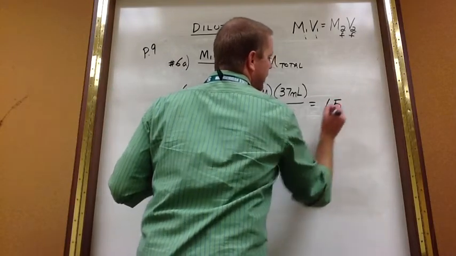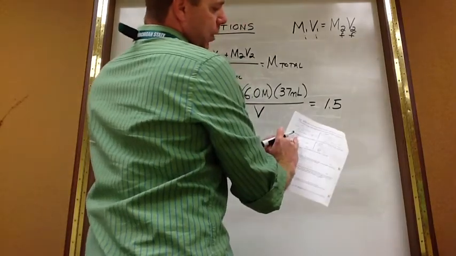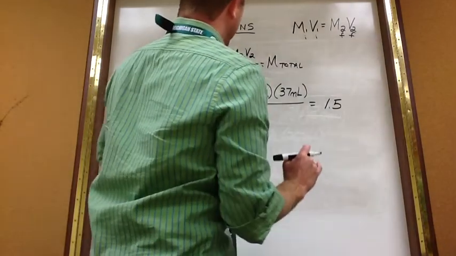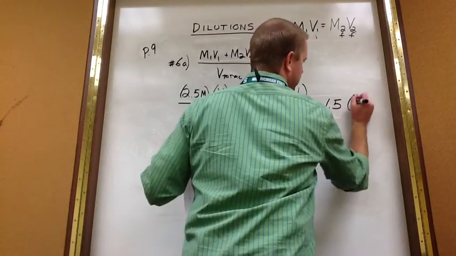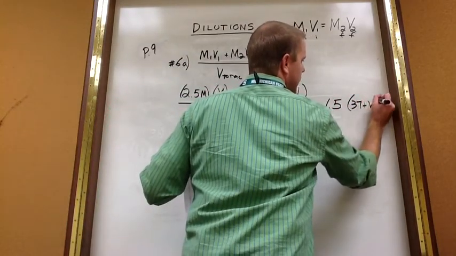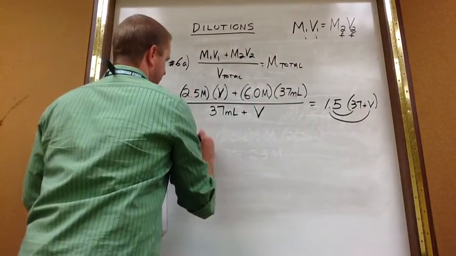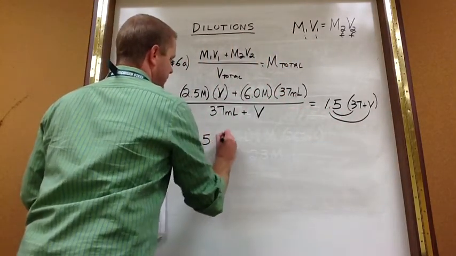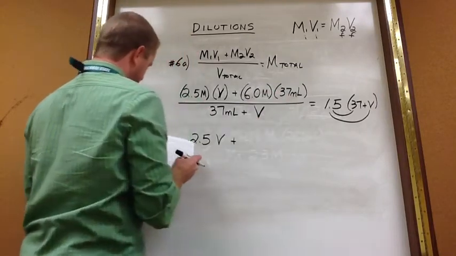So what you end up doing is equals 1.5 molar. I told you right here in letter A that the total is 1.5 molar. So here we go. You multiply both sides by 37 plus V. So distributive property makes you do that. So you end up with 2.5 V, plus whatever 6.0 times 37 is.